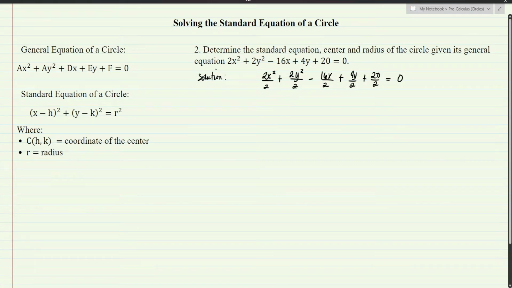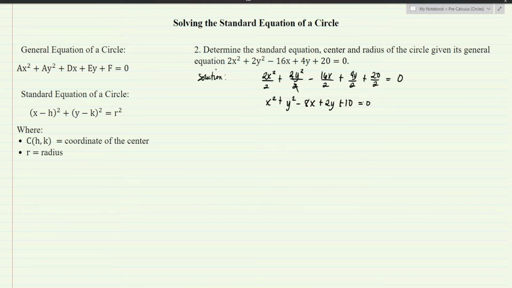Simplifying the left side of the equation, I would have x squared plus y squared, minus 16 over 2x, that would be negative 8x, 4 over 2y, so that would be 2y, and 20 over 2, that would be positive 10 equals 0. So we now have our simplified general equation.